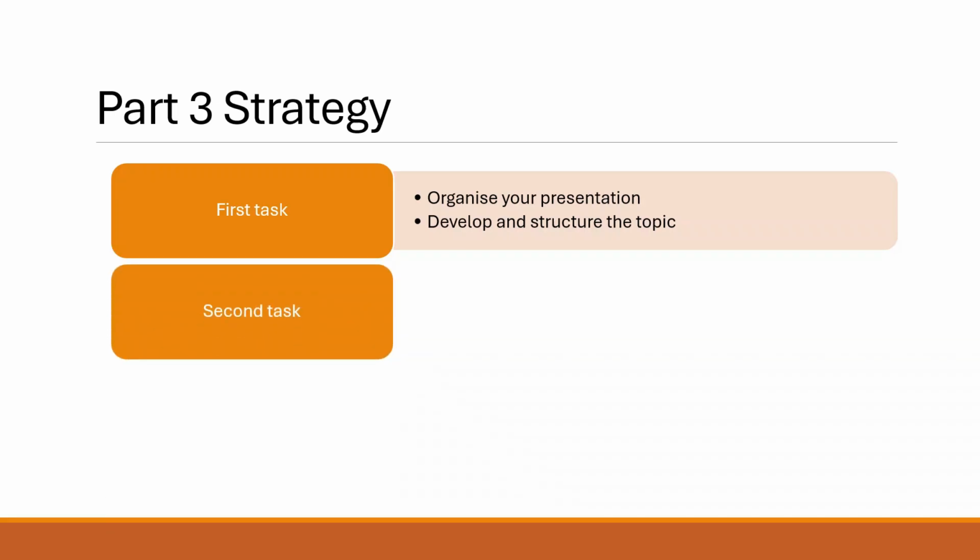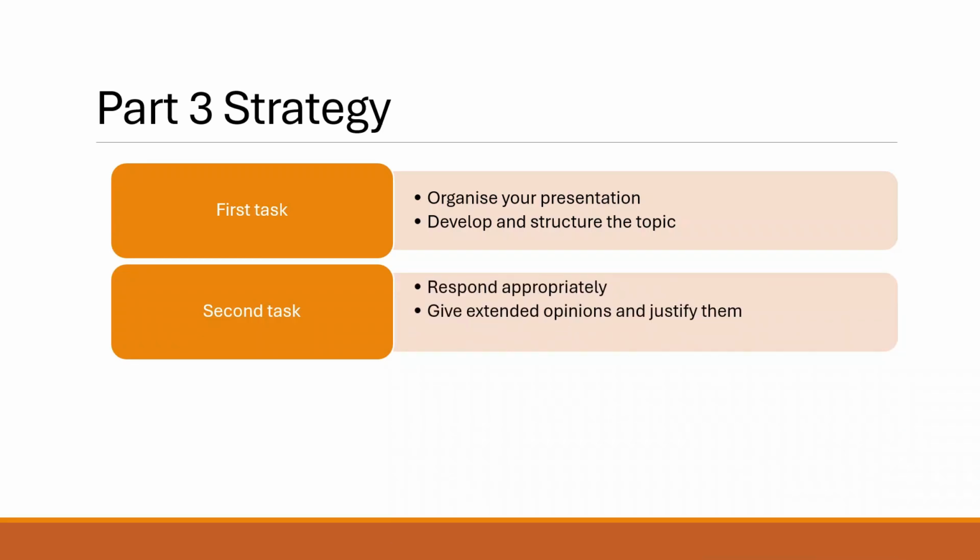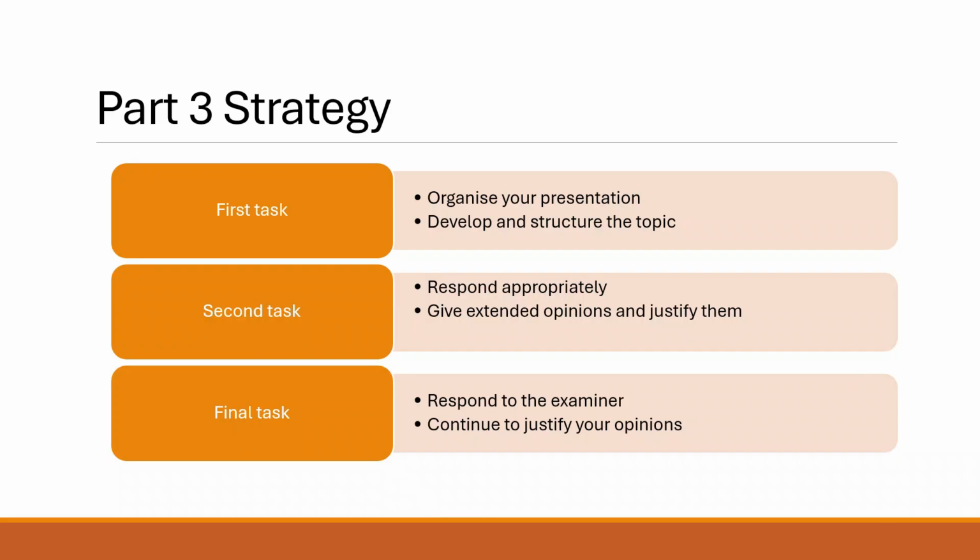And the second task is, again, a response, so you need to respond appropriately, and like other parts of the test, give extended opinions and justify them, and also be ready to respond to whatever your partner has said. And then the final part of this is the discussion. In this case, you're responding to the examiner, and you need to continue to justify your opinions and also respond appropriately to whatever your partner has said.